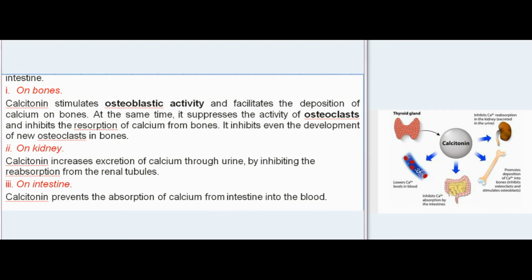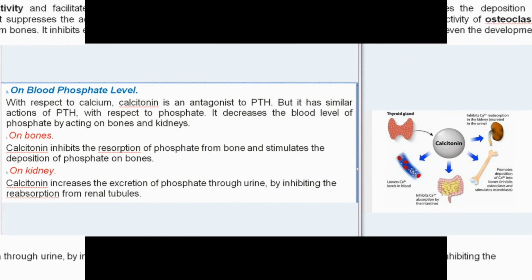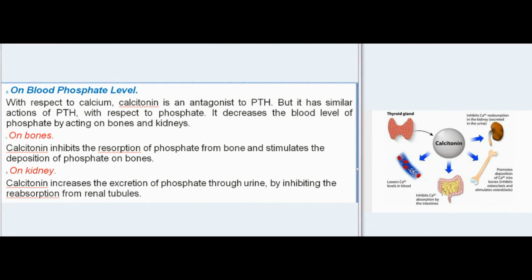On kidney. Calcitonin increases excretion of calcium through urine, by inhibiting the reabsorption from the renal tubules. On intestine. Calcitonin prevents the absorption of calcium from intestine into the blood. On blood phosphate level. With respect to calcium, calcitonin is an antagonist to PTH.